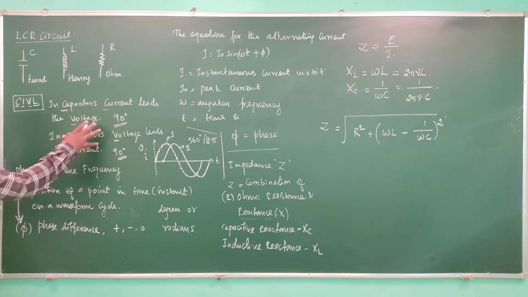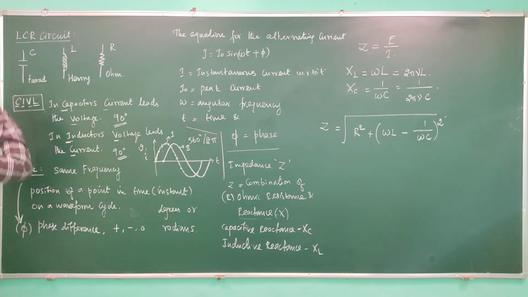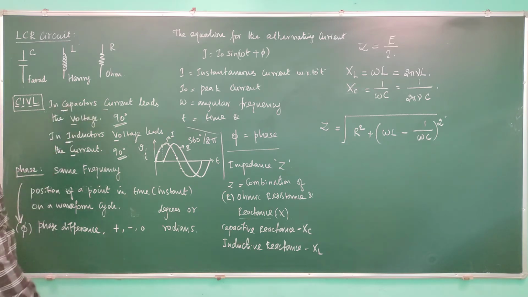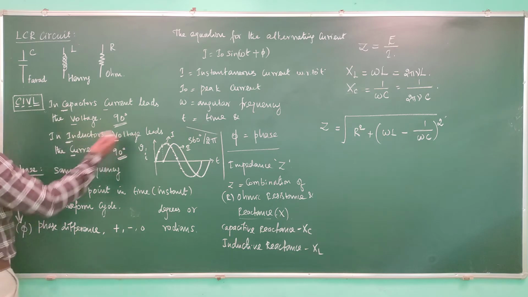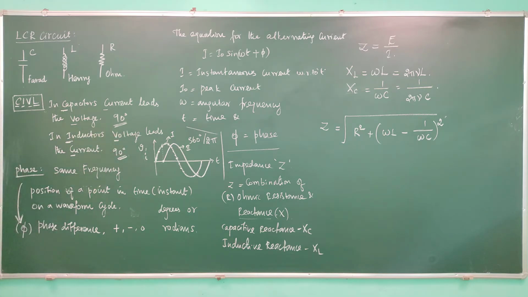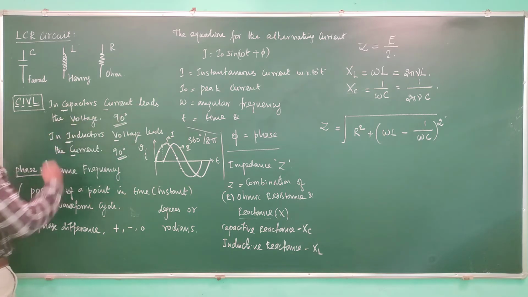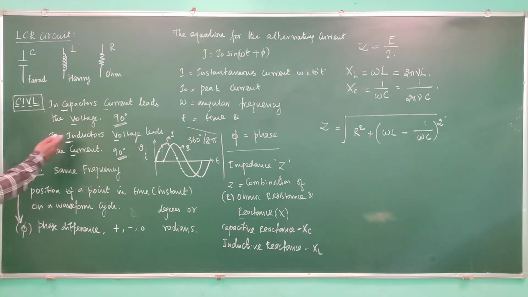We can remember what happens when an EMF is applied to a pure capacitor or pure inductor using the term CIVL, or simply civil: in capacitors current leads the voltage by 90 degrees, in inductors voltage leads the current by 90 degrees.